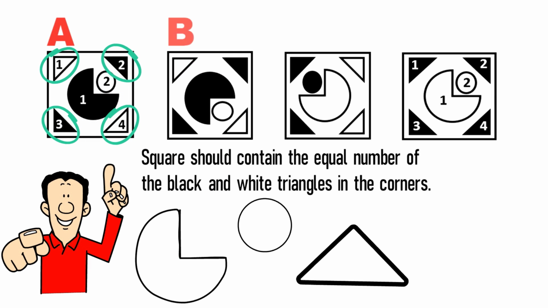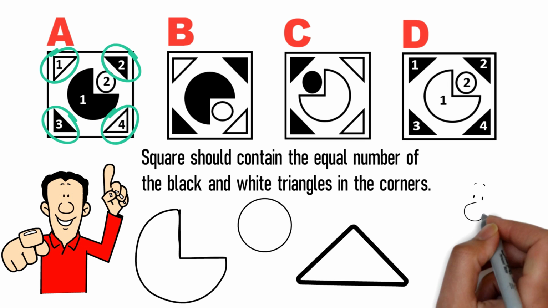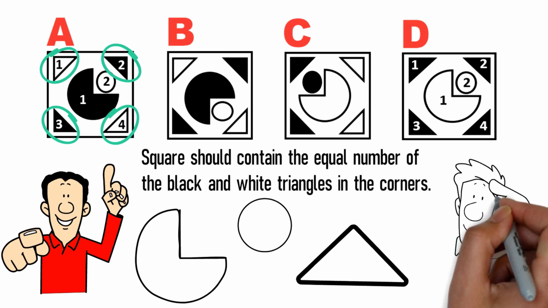You can see that the same pattern exists in the shape B, 2 white triangles and then 2 black triangles, and in the shape C, 2 black triangles on the left and 2 white triangles on the right. But if we look at the choice D, you see that there are 4 black triangles in the corners. Circles in this picture do not have a pattern, and their primary goal is to confuse you.